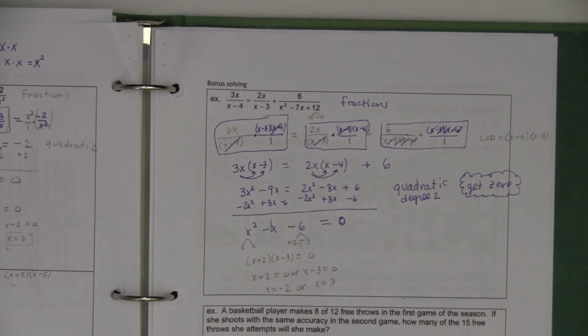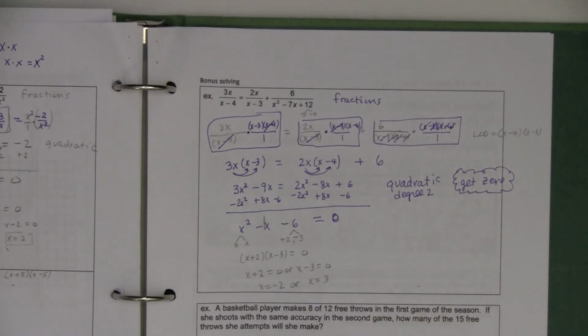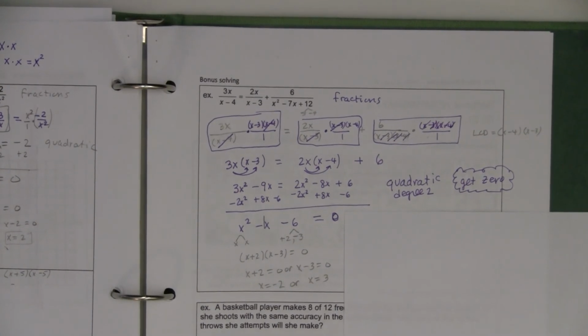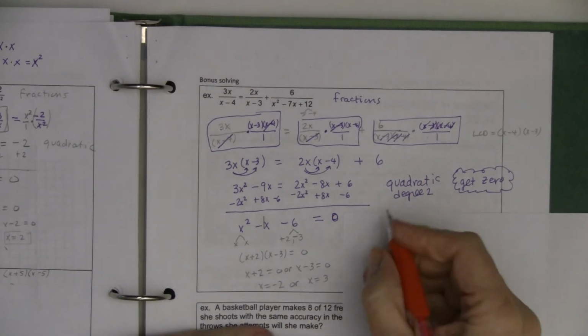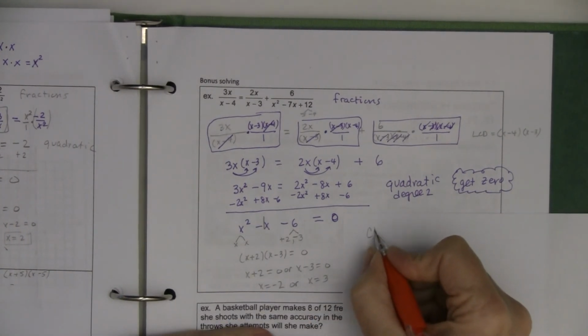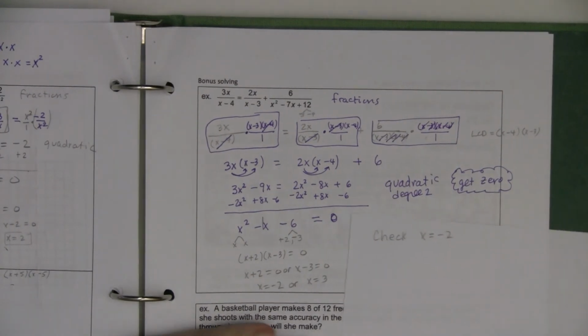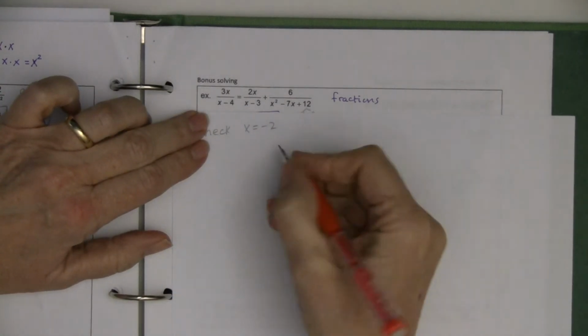I almost have enough room to check them there, but it would be squished. And so I'm not going to squish. I'm going to just get a side piece of paper here to check them. And so I'm going to check x equals negative 2. It doesn't matter what order you check them in, but you do have to check in the original equation.